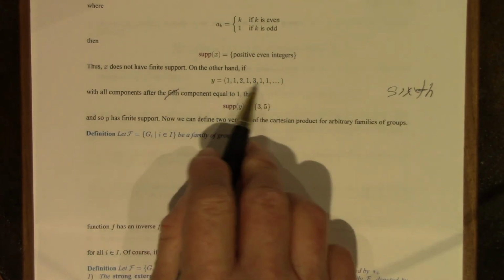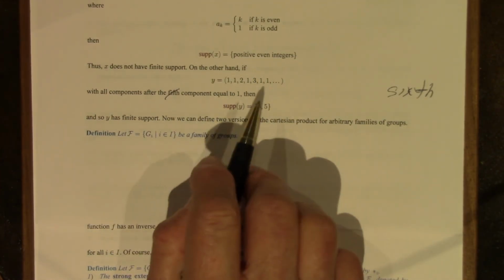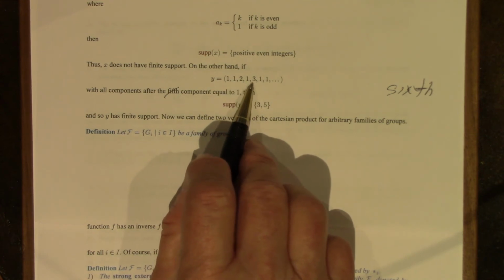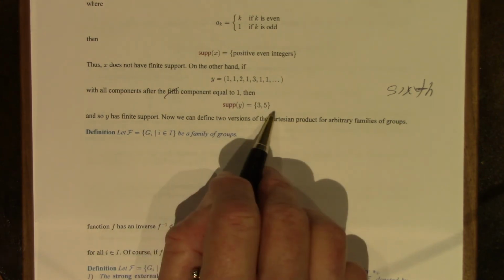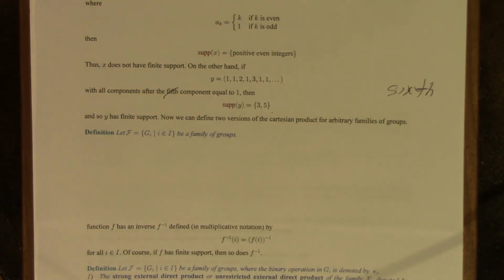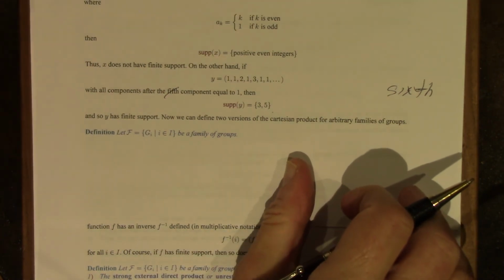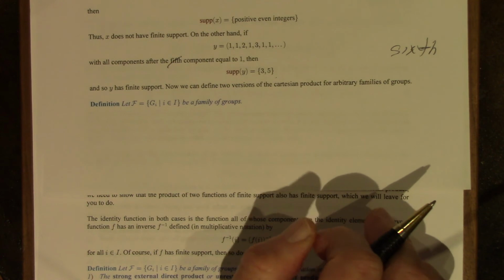Okay, they're all equal to 1, which is the identity. So the only coordinates that are non-identity are the 3rd and 5th coordinates. So the support is the set {3, 5}. This has finite support as well.